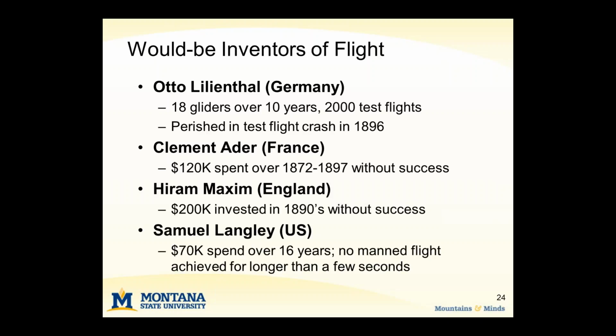That few seconds was the amount of time to launch a glider over the Hudson River. He had a contraption set up where he would launch gliders off a launch boat over the Hudson River, and they could stay up in the air for a few seconds till they crashed into the river.